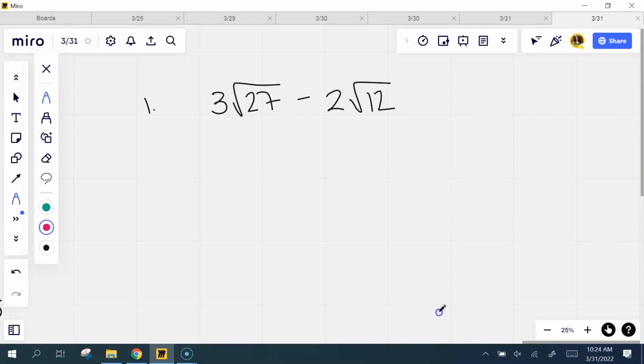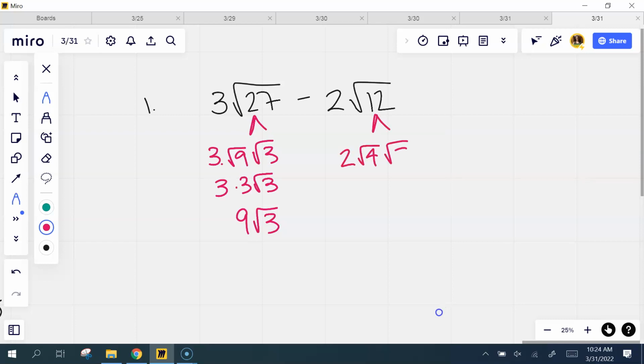Okay, so yes. 27 splits how? 9 and 3, which means this is 3 times the square root of 3, which is 9 square root of 3. Are we all okay there? How about the next one? 4 and 3. So this is 2 square root of 4 square root of 3, which is 2 times 2, which is 4 square root of 3. I'm still subtracting, right?